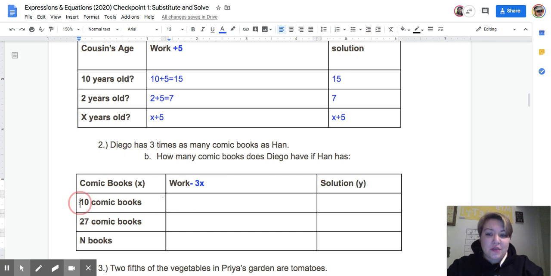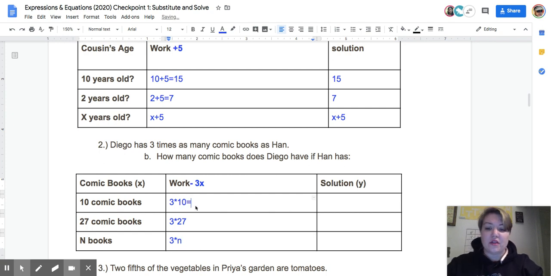So I'm going to substitute this value of 10 in for that X. 3 times 10. I'm going to write this one as 3 times 27. You got it. And here, 3 times, what's my X? N. So now let's solve all 3 of those.